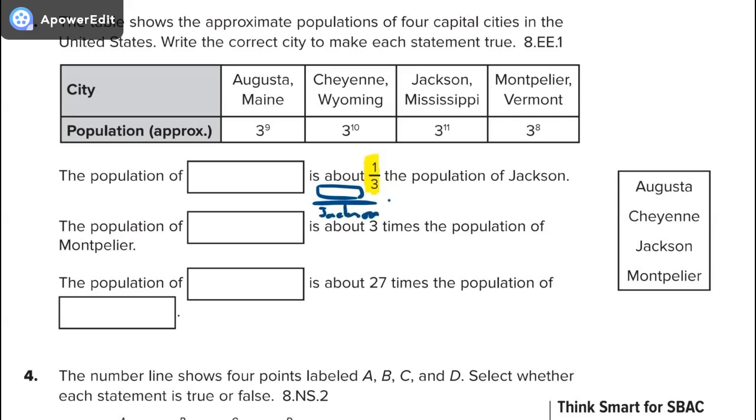Based on the table, the population of Jackson is 3 to the 11 power. The population of the city on top, which we're looking for, after we do some math and reduce it, we should end up with 1/3. So my question for you is, what number should I put on top so that it divided by 3 to the 11 power gives you 1/3?